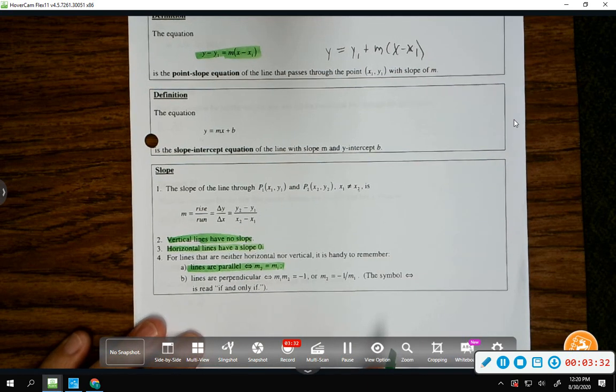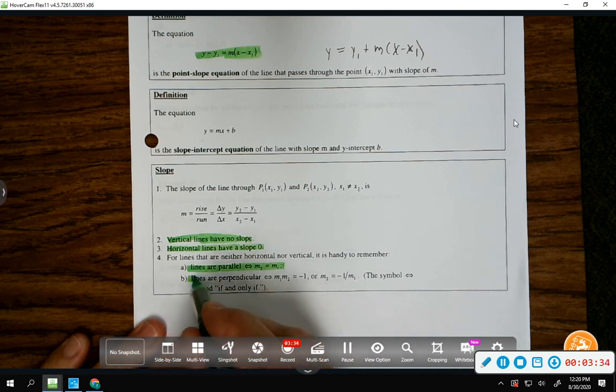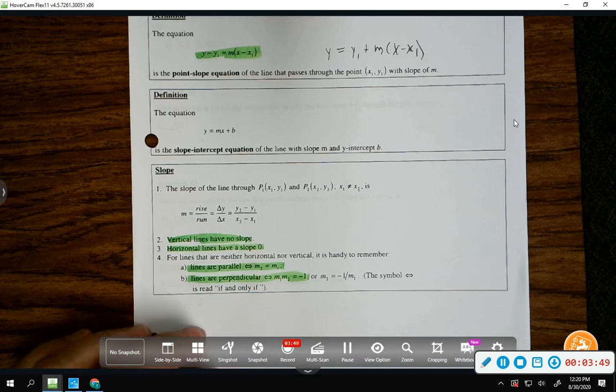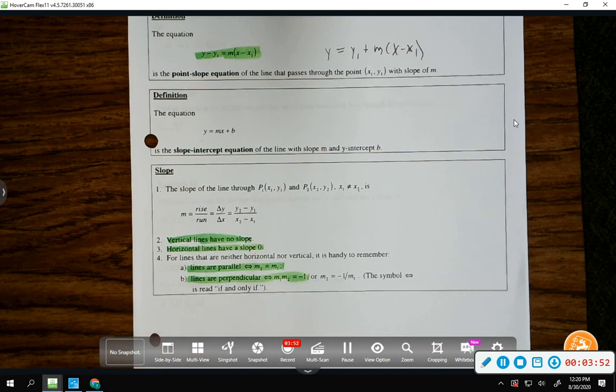Okay? Lines are perpendicular if and only if the product of the slopes of the 2 lines equals -1. In other words, the slopes are negative reciprocals. Okay? And I tell you right here, in case you forget, that this symbol means if and only if. All right? Keep that in mind.